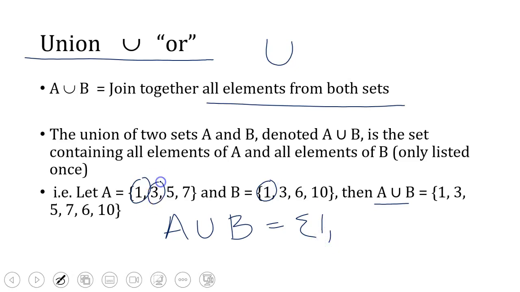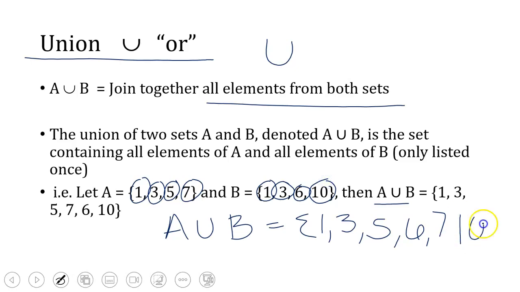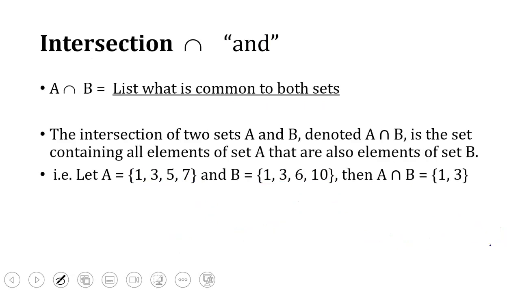Then 3. They both have 3, but we only need to list it once. And then I need 5 and 6, then 7, and then 10. They do go in order, and make sure you close the set. Do not write any number twice.